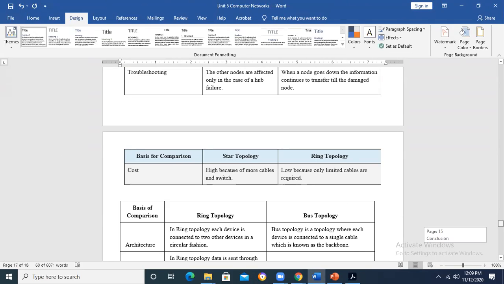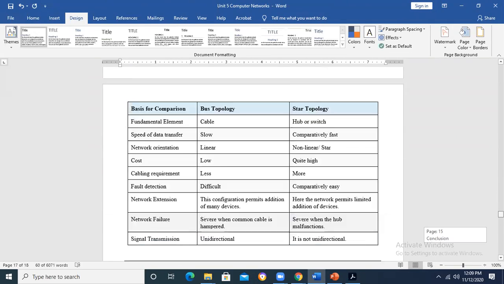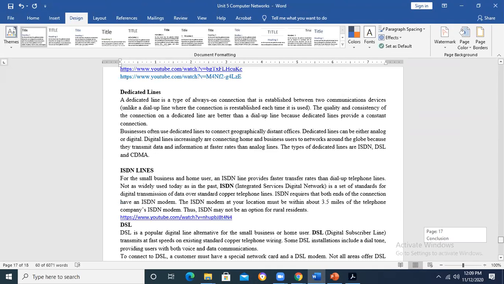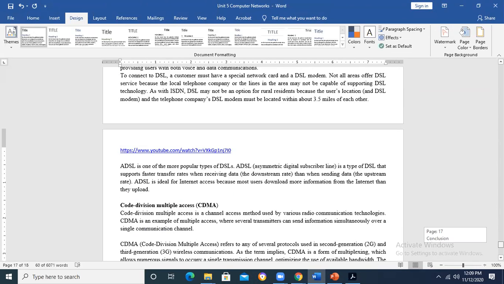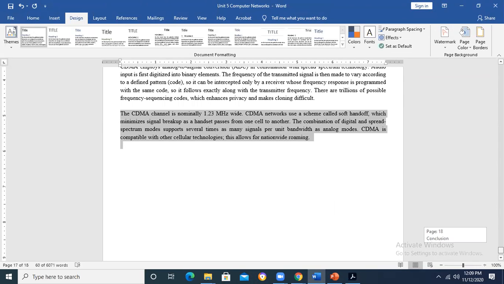So we also made the comparison between the topologies, their advantages and disadvantages. In a similar manner, we can make a comparison between dial-up, ISDN, DSL, and CDMA. A short comparison of 4 to 5 points, so that if a question comes for the comparison between any two or any three of them, we can write a good comparison on the basis of some different points.